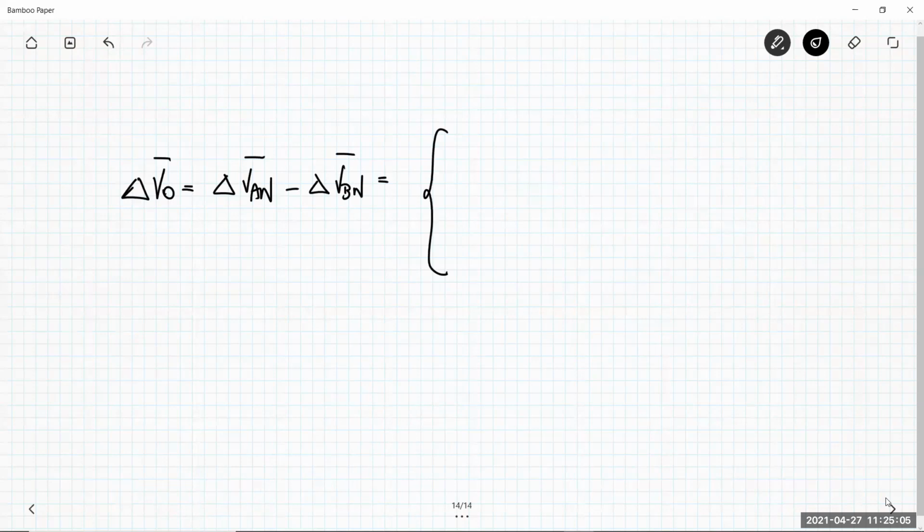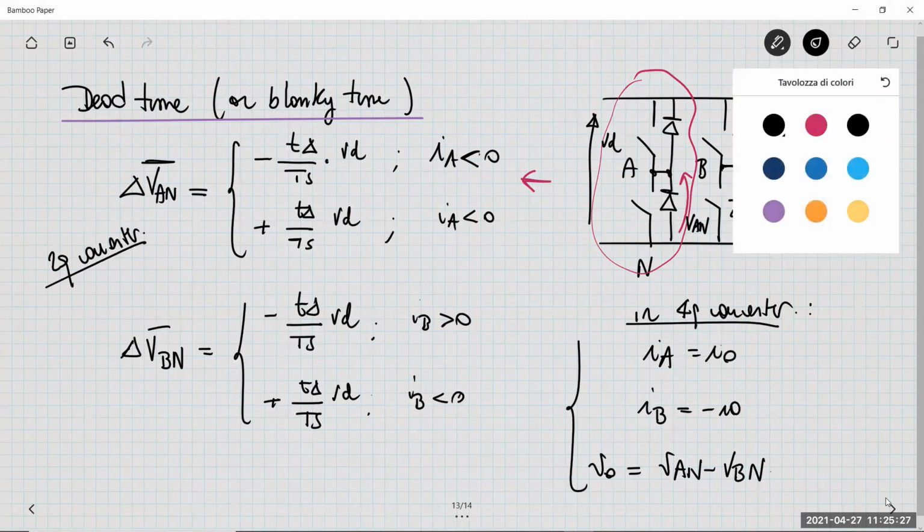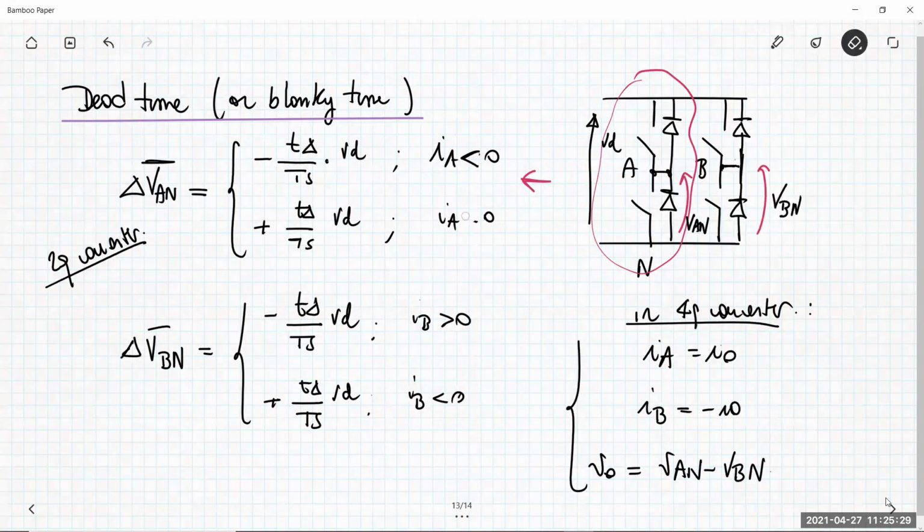And this is, sorry, this is negative, I exchange. When the current is negative, you get this, and when the current is positive, it is this one.